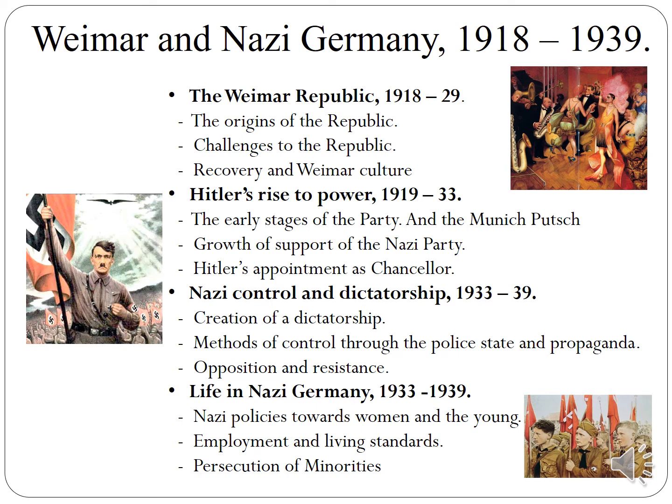This is then followed by the rise of Hitler, where we'll look in detail at how the Nazis were able to take control and what life was like in Nazi Germany. The time period is from the Weimar 1918, at the end of the First World War, up to the outbreak of the Second World War.